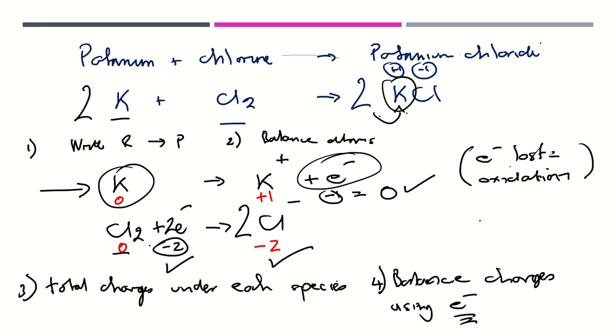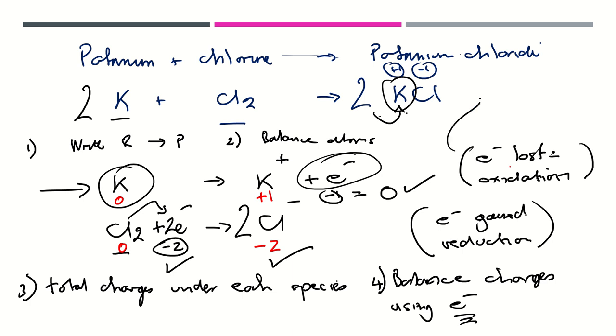And if we look down here, the chlorine is actually picking up the electrons, so it's gaining the electrons. So electrons in this instance have been gained, and that is a reaction known as reduction. Okay, so all of this reaction up here, because both oxidation and reduction are occurring, we would refer to that reaction as a redox reaction, both oxidation and reduction occurring.